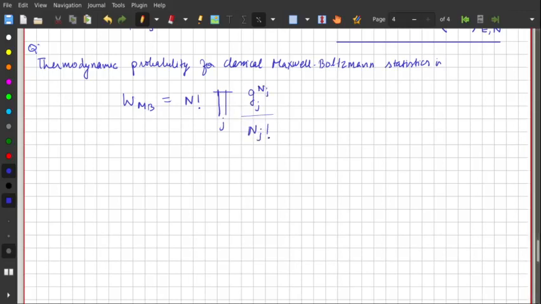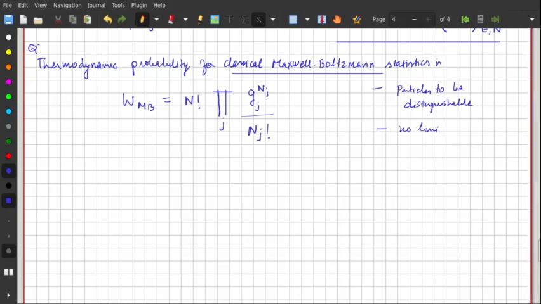Here, classical Maxwell-Boltzmann statistics means the statistics that was derived by Boltzmann himself, and he assumed the particles to be distinguishable, and no limits on the number of particles in each energy state.